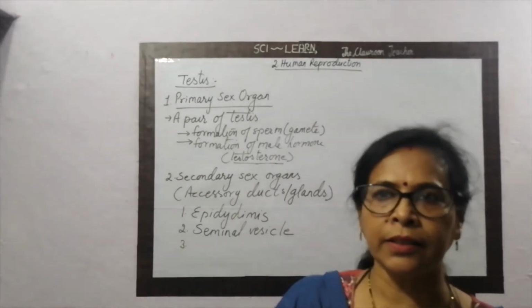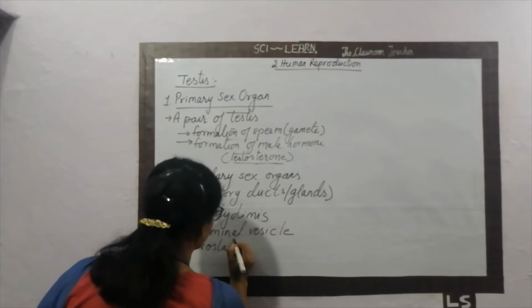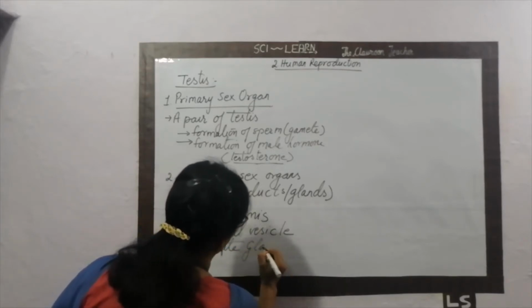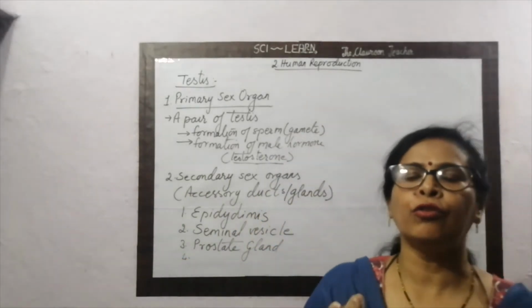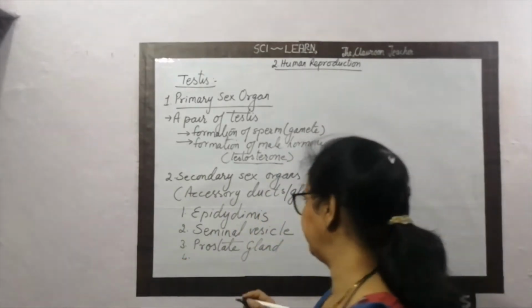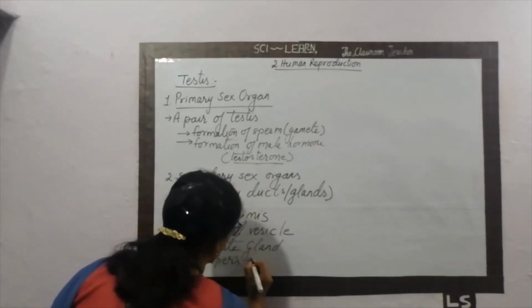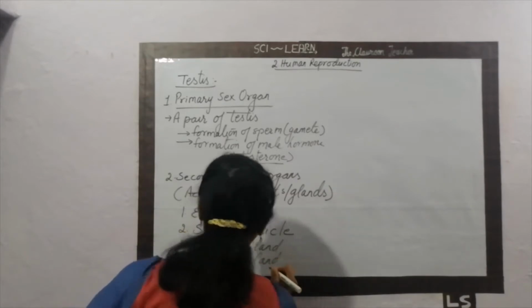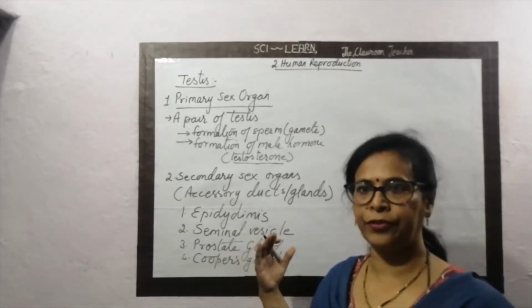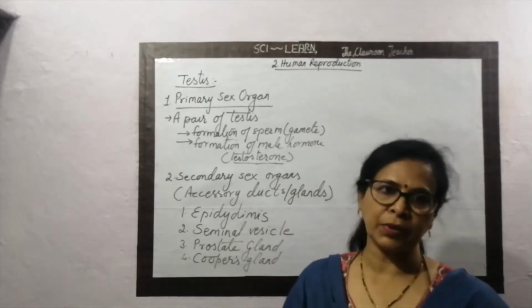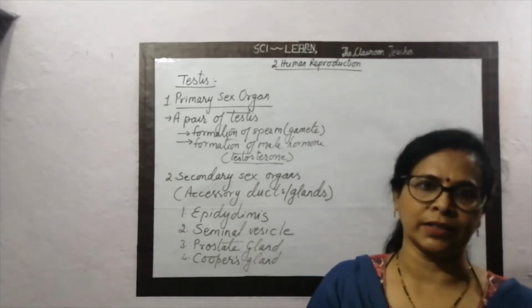Third is the prostate gland. Fourth is the Cowper's gland. Where it is located, and the function of all these secondary sex organs, we have to study further. The secondary sex organs also include some ducts.